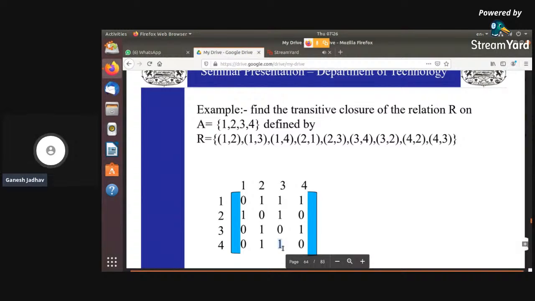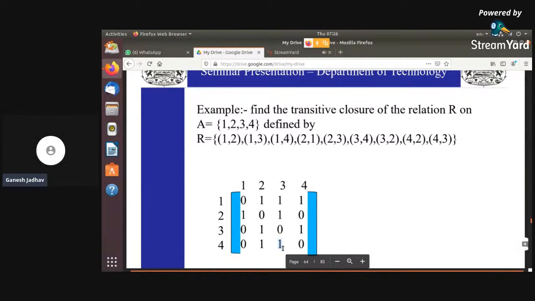So you can simply write the matrix using the relation. This is very simple, you can write it easily.